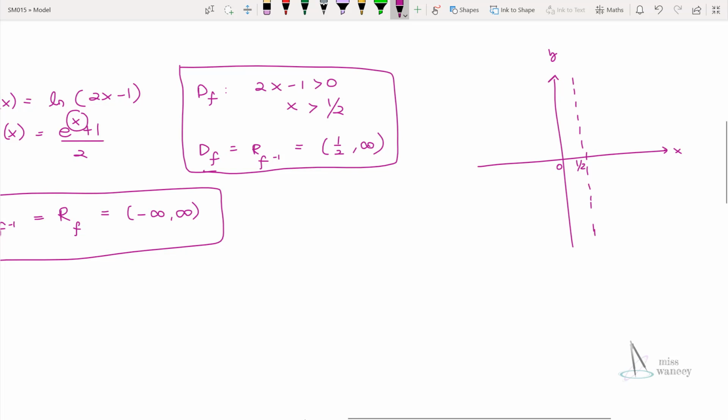I got another one which is half. So this is y equal to half. Right, so I want to draw the graph for the ln. So we have f of x equal to ln of 2x minus 1. Okay, so the quadrant, the first quadrant.